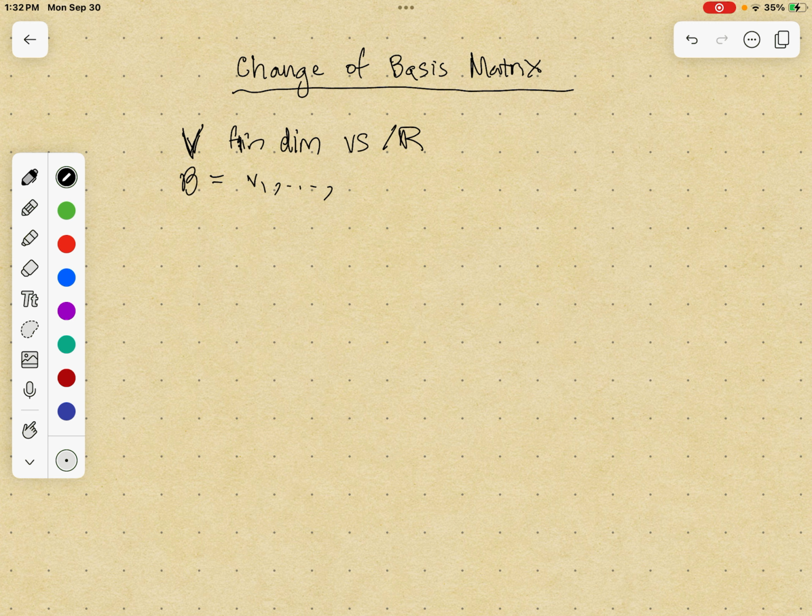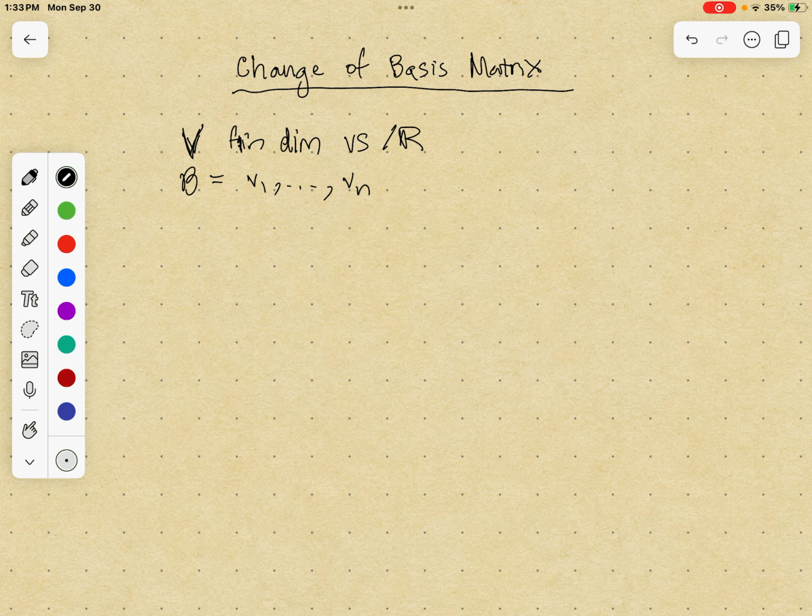So let's say that V is n-dimensional, so every basis will have n elements, right? So you have a linearly independent set of n vectors and ordered, and this spans V, so you have n linearly independent vectors.